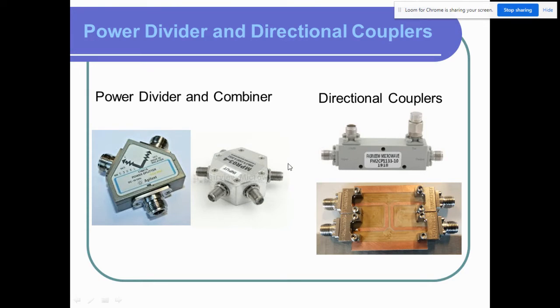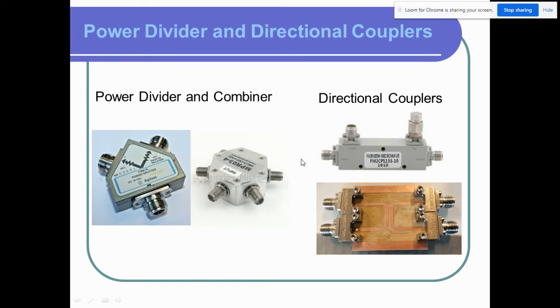How we use it: if we have an input here, then all the output comes out from here. But a certain amount of power will be split at this port with the coupling. Let's say we design a 20 dB coupler, it means a power of minus 20 dBm or something like this.